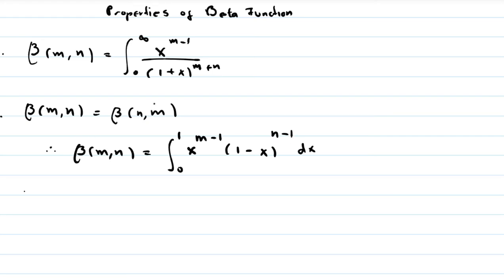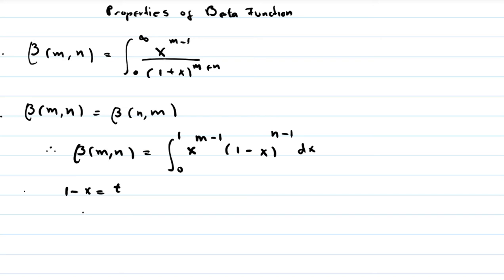Now we're trying to prove that this and this are the same thing. The first thing we can do is assume that 1 minus x is equal to some other variable. Let's call that variable t.